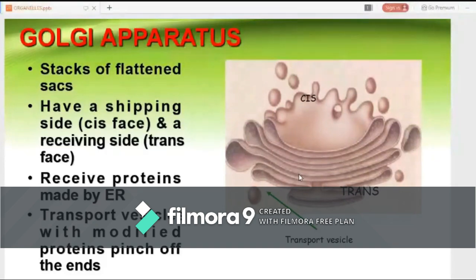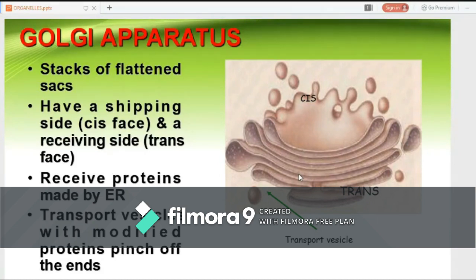As proteins and lipids travel through the Golgi, they undergo further modifications that allow them to be sorted. The most frequent modification is the addition of short chains of sugar molecules. These newly modified proteins and lipids are then tagged with phosphate groups or other small molecules so that they can be routed to their proper destinations.